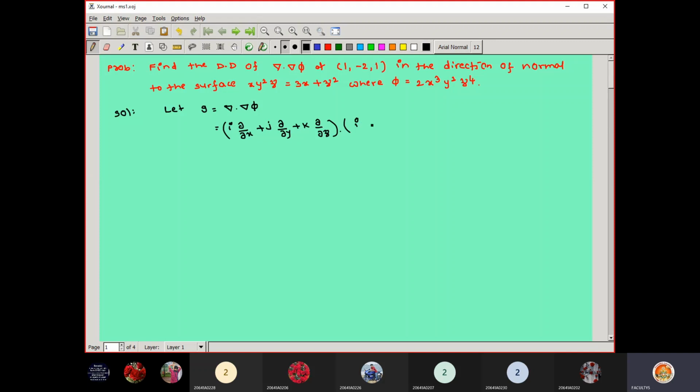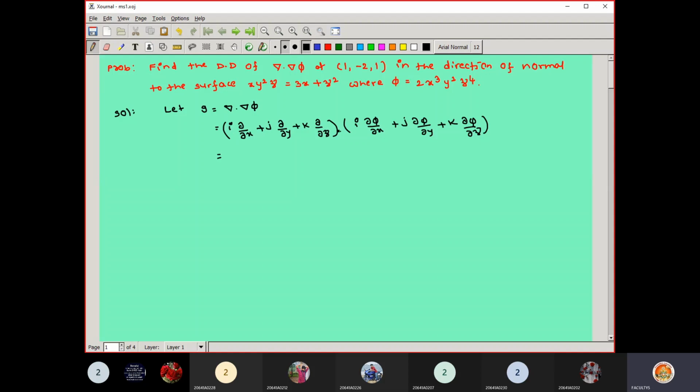Del phi can be taken as i dou phi by dou x plus j dou phi by dou y plus k dou phi by dou z. This is the general principle. Now you are taking the dot product between these two. Remember, whenever you are taking the dot product, i should be multiplied by i, similarly j to j, k to k. The remaining combinations are all zeros.